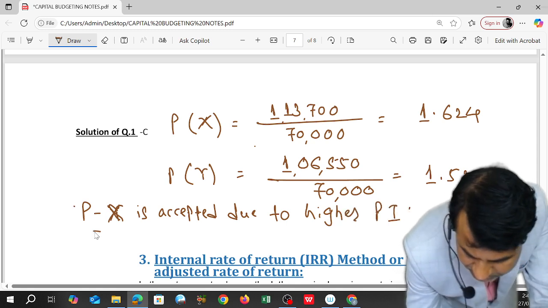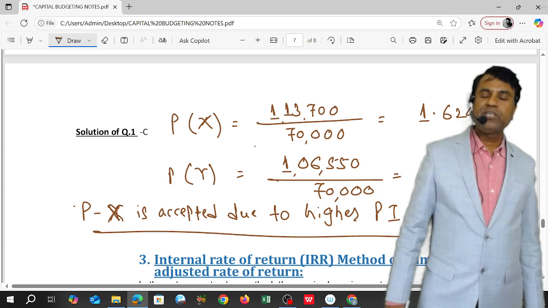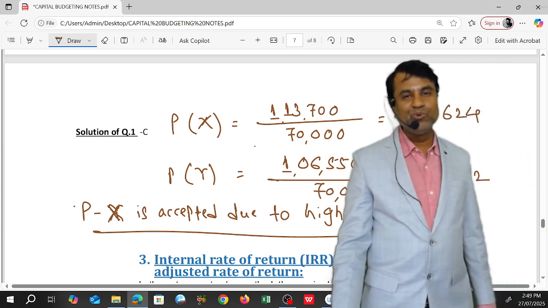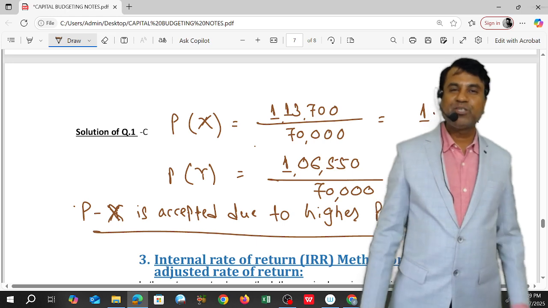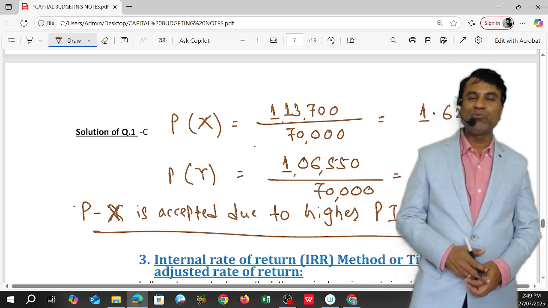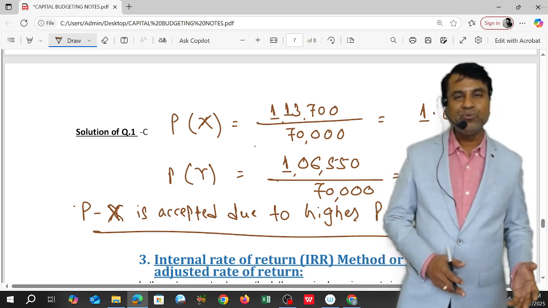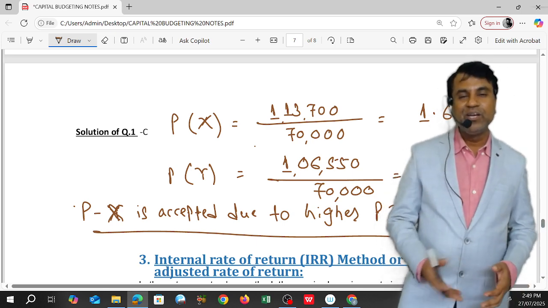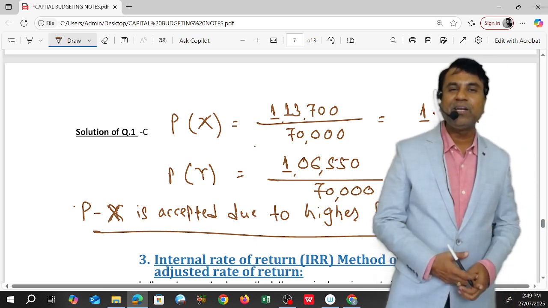And do remember, students, the project which is accepted by NPV is automatically accepted by PI. You know the reason, because the formula is the same: summation of discounted cash inflow divided by cash outflow. So if there it is coming positive, here obviously it will be automatically greater than 1. If there it is negative, here it will be less than 1 and automatically it is rejected.